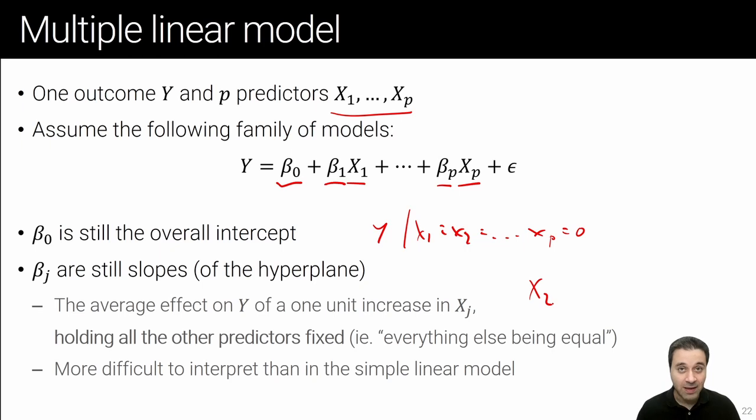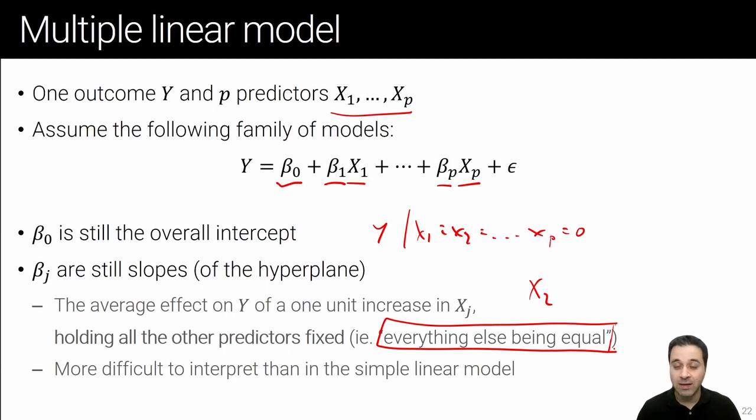So this links back to what we saw in the previous videos of everything else being equal. What this is assuming is that if nothing else changes and we just increase or decrease 1 unit in this specific variable, what's going to happen to the response?